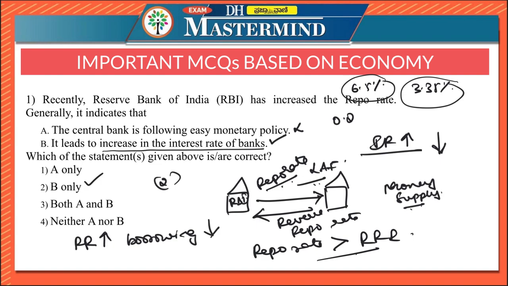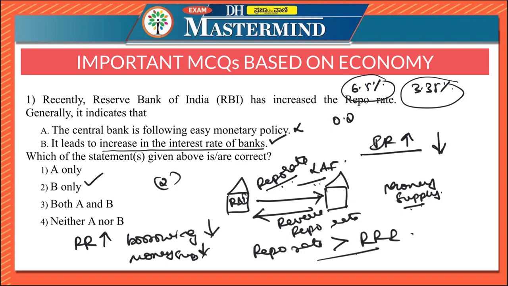As borrowing decreases, money supply decreases. As money supply decreases, people have less money in their hand and the demand decreases. As the demand decreases, this leads to contraction in the economy, and it is known as contractionary monetary policy. This is not easy monetary policy but contractionary monetary policy.